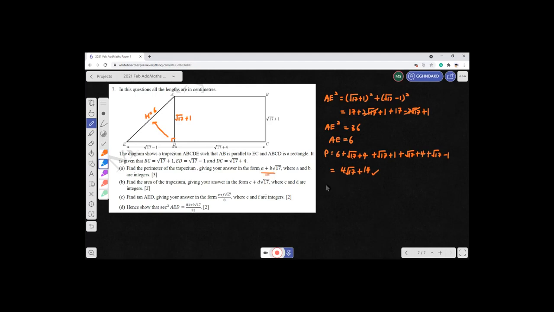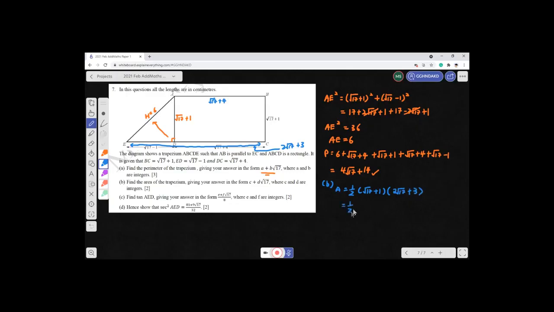For part B, find the area of the trapezium. To find the area of a trapezium, we use 1/2 times the height times the sum of the two parallel lines. So this top is root 17 plus 4. The bottom, everything here, will be 2 root 17 plus 3.